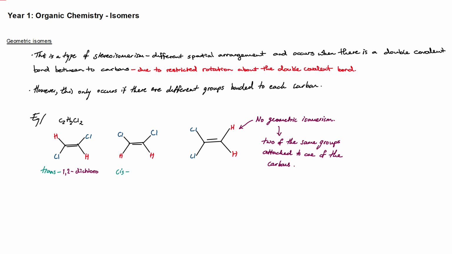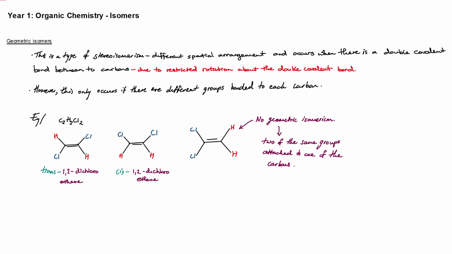Just write it underneath: 1,2-dichloroethene. And the same thing goes here. This is 1,2-dichloroethene. So you can see that they both have the same name. The only difference is the cis and trans, and that tells us what the difference is between the two spatially.